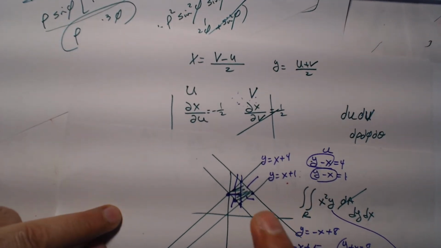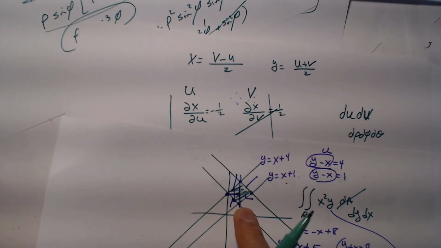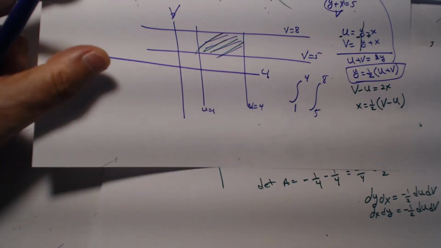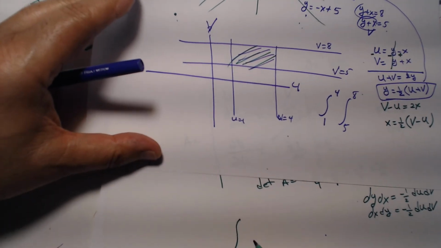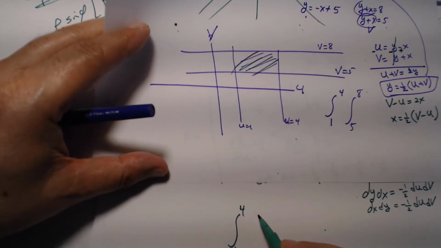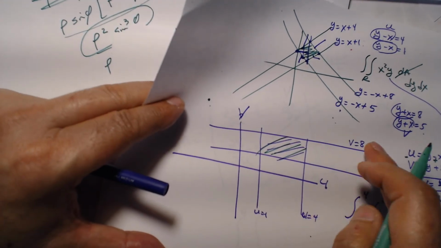Then you said, I want to integrate that over that ugly region. I'm going to change it to that region. And I'm going to make my u go from 1 to 4 and my v go from 5 to 8.